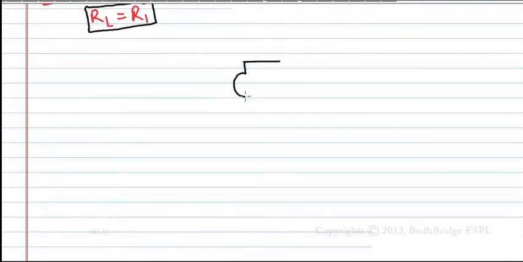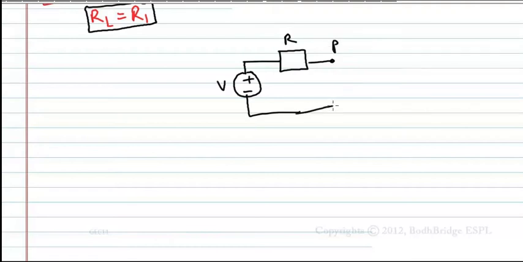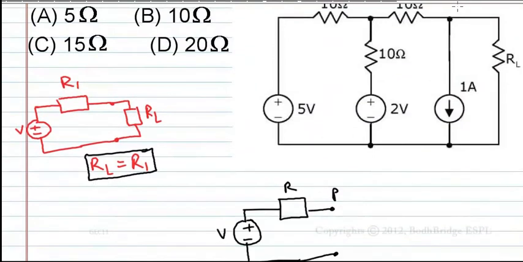A source, some source V, and some resistance R. I'll simplify this whole circuit between P and Q. Let us say this is P and this is Q. I want to simplify the whole circuit of this side to Vs and R, and this is RL.